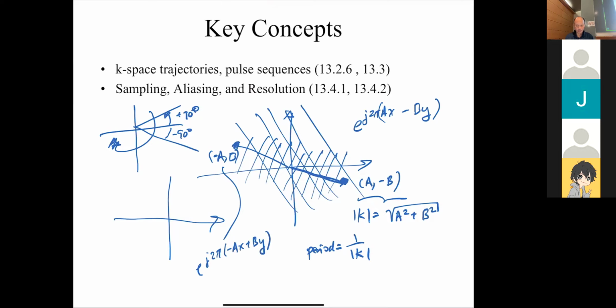Obviously they have the same K-space magnitude, but the angle of orientation is different. E to the j 2 pi ax is going to have a positive phase as x increases, while e to the minus j 2 pi ax will have a negative phase. So it's the orientation of the spins.